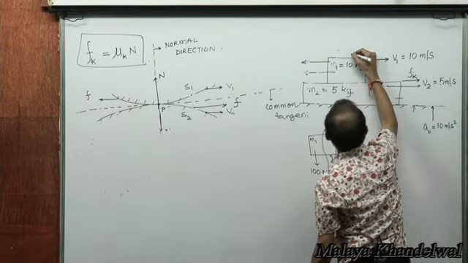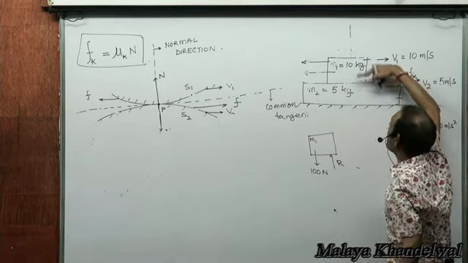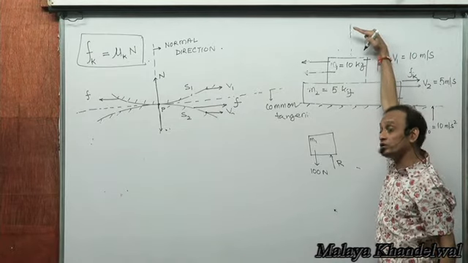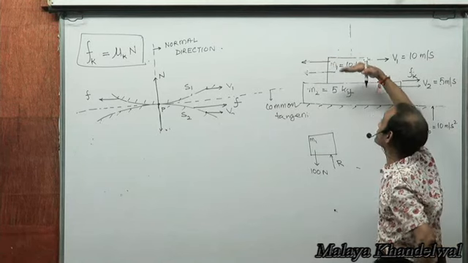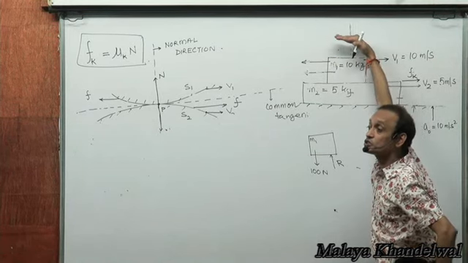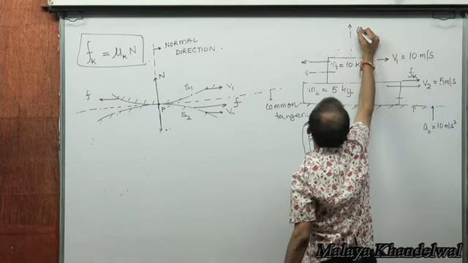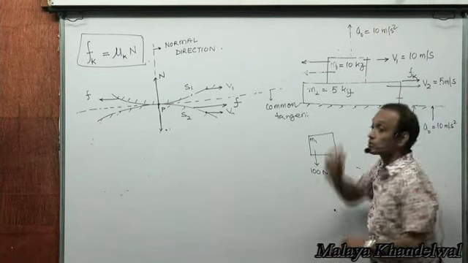For M1 and M2, this bottom surface gives their common normal direction. And for them to maintain contact with each other in this direction, they must have a common acceleration. So if this platform has an acceleration of 10 meters per second squared in the common normal direction, M1 must also have an acceleration of 10 meters per second squared in the common normal direction.